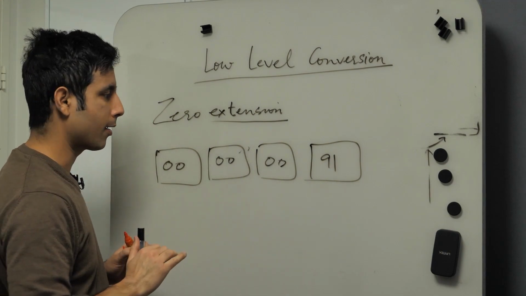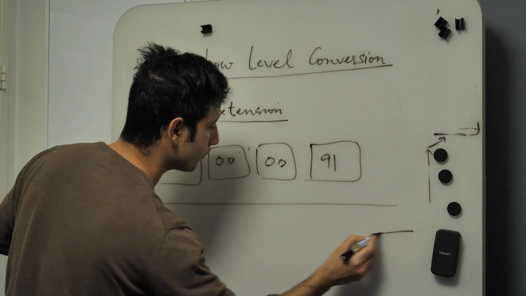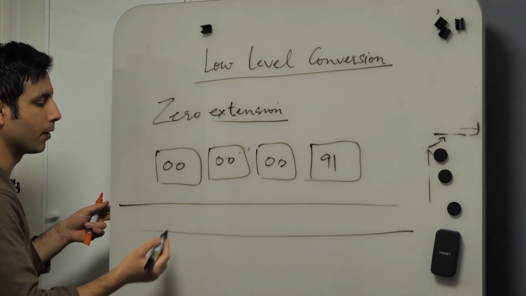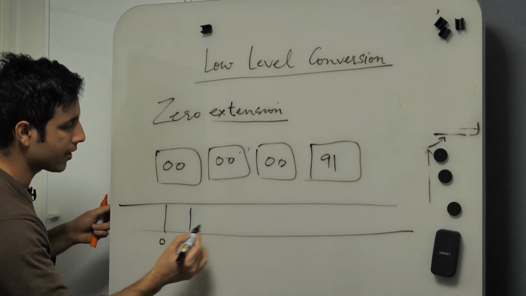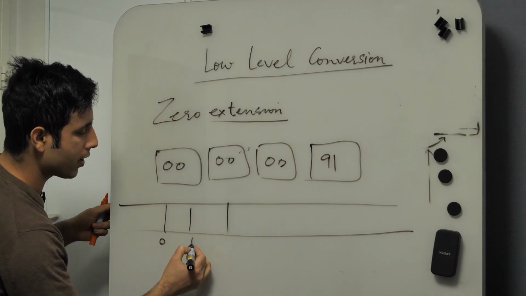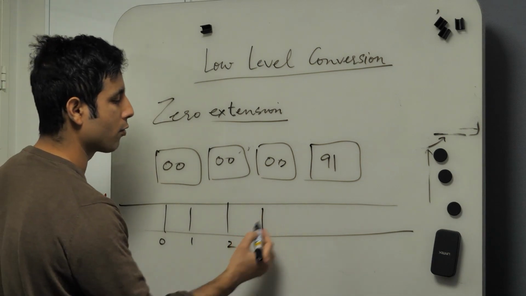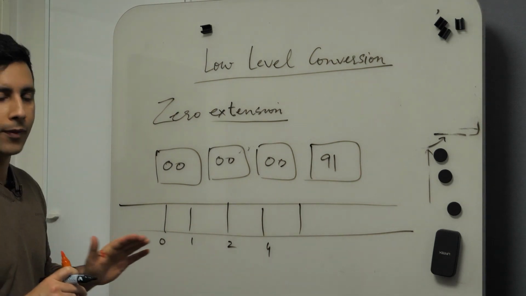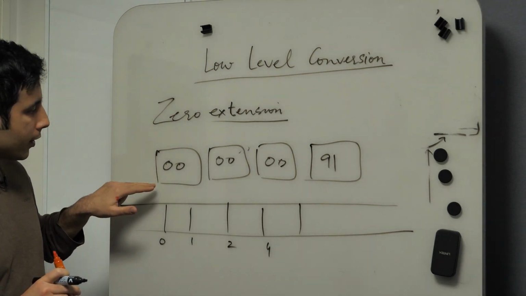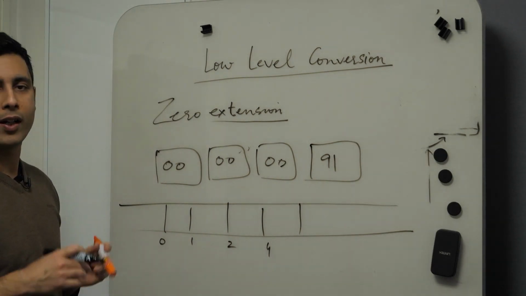If you have a train of memory, for example, the first byte whose address is 0 starts here. The second byte whose address is 1 starts here. The third byte whose address is 2 starts here. And the fourth byte whose address is 3. In memory, the order of these bytes usually depends on the type of platform.